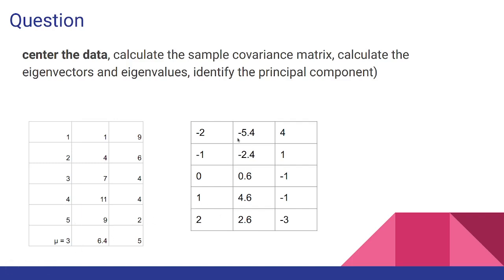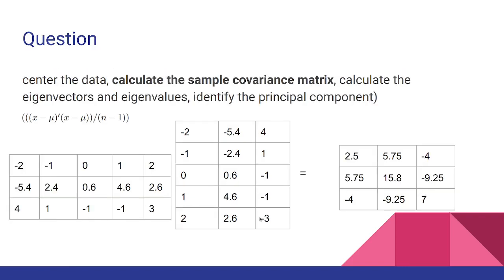Similarly, we do this for the other columns. 1 minus 6.4 is minus 5.4, like this. Same for this column also: 4 minus 5 we got minus 1, and 6 minus 5 we got 1, like this. So the first step is done: we calculate the mean and then subtract the mean from every column.